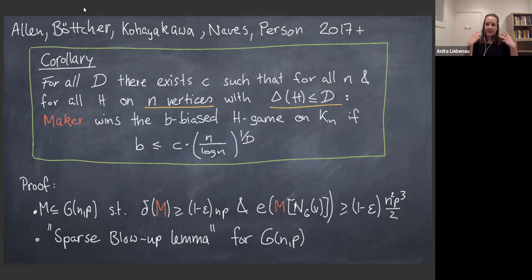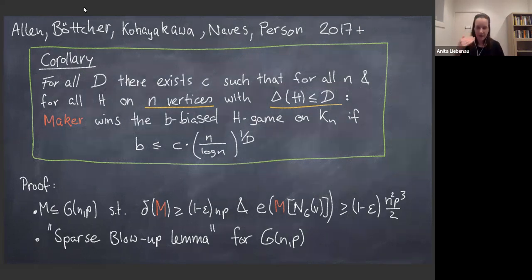And the proof is really just to apply the previous theorem. So you have the strategy to get the subgraph of a G(n,p), and then you use a sparse blow-up lemma to show that such a subgraph contains all bounded degree spanning graphs.